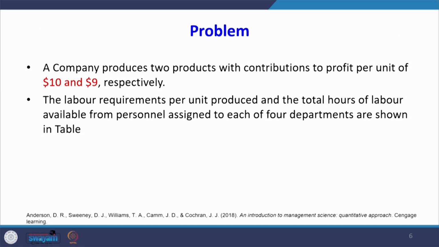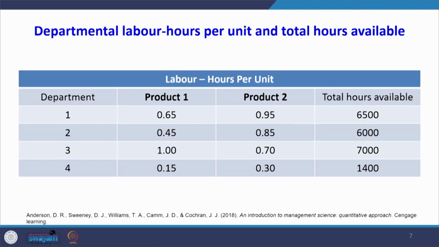This is a hypothetical problem. A company produces two products with a contribution to profit per unit of $10 and $9 respectively. The labor requirement per unit produced and the total hours of labor available from personnel assigned to each of the four departments are shown in this table.